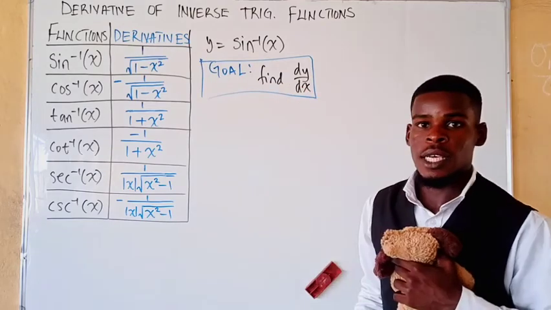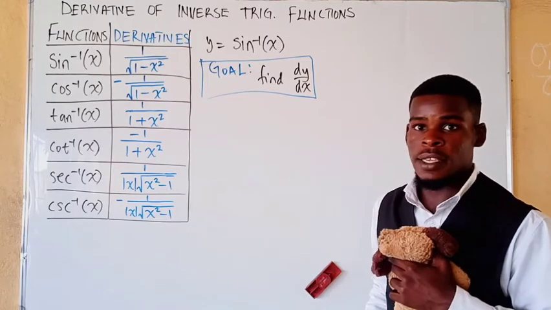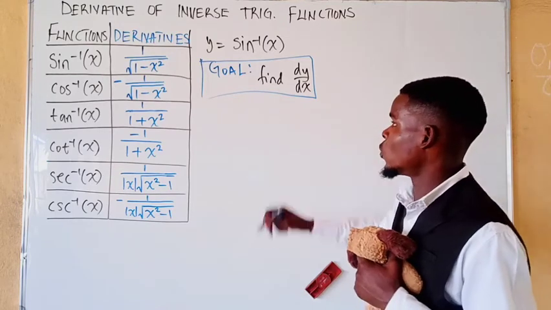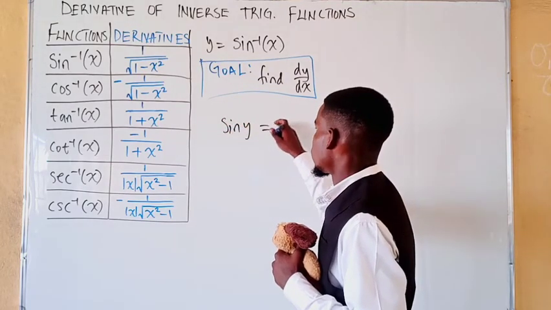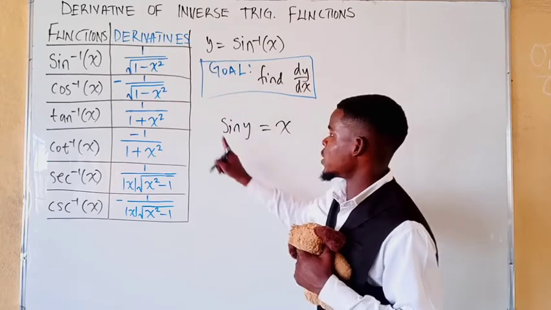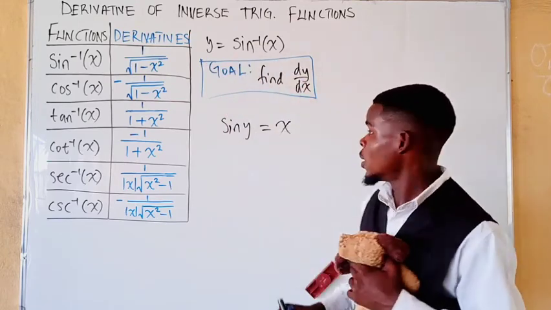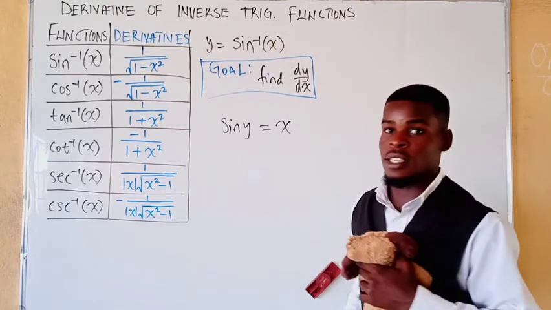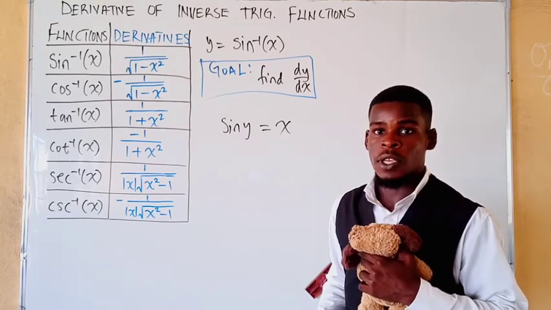I will start from the definition of sine inverse: if y is the sine inverse of x, we can take the sine of both sides, which means sine y is equal to x. If you take the sine of sine inverse of x, it is just going to be x, from the definition of composition of inverses.